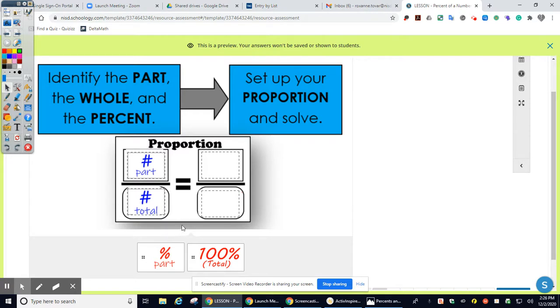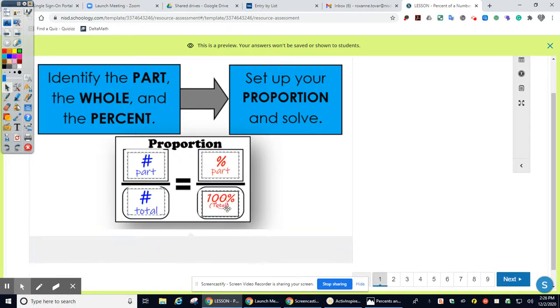Then here, we're going to have our percent as our part, and percent is always going to be 100 for our total. Okay, so that's how we're going to set up our proportion.